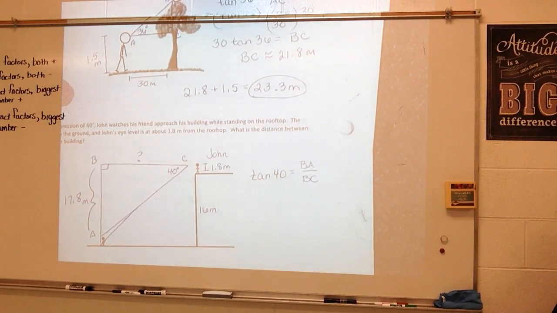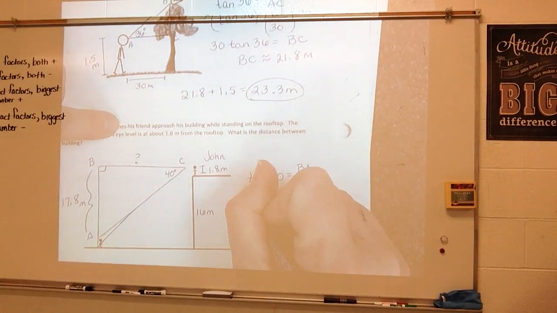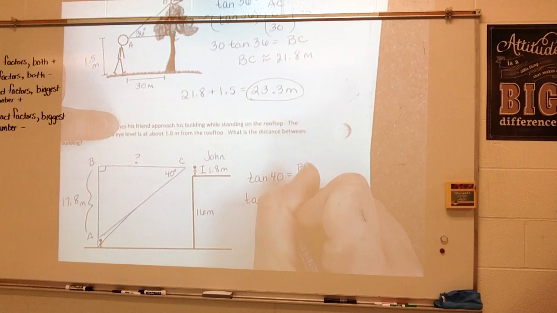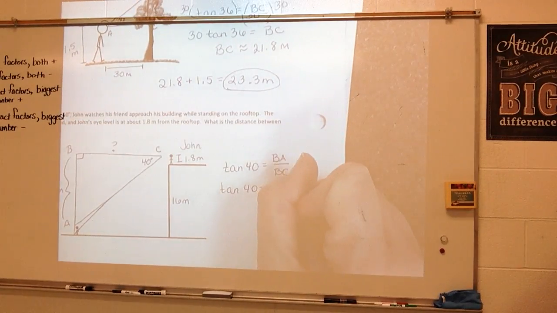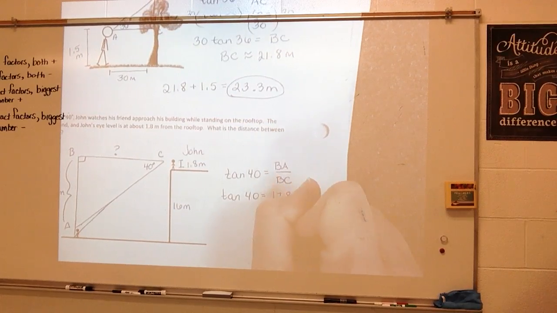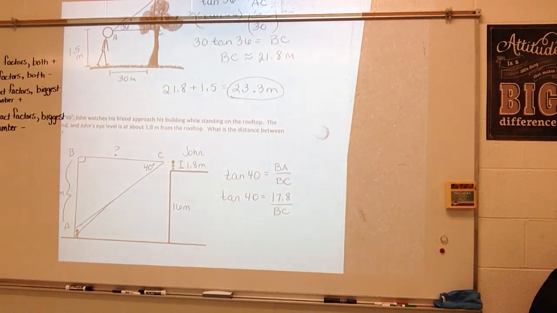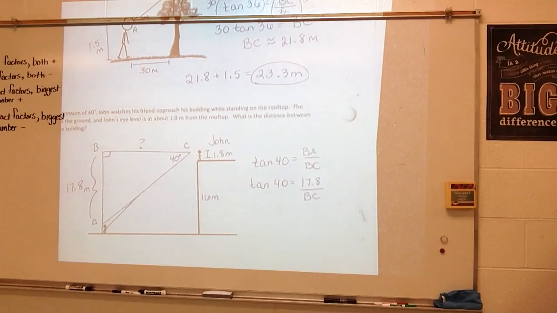I'm sorry, opposite over adjacent. So BA over BC. Okay? All right, let's fill in what we know. Tangent of 40 is equal to, I know BA, so that's 17.8 over BC.